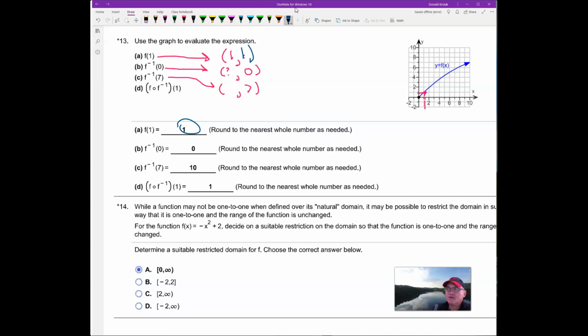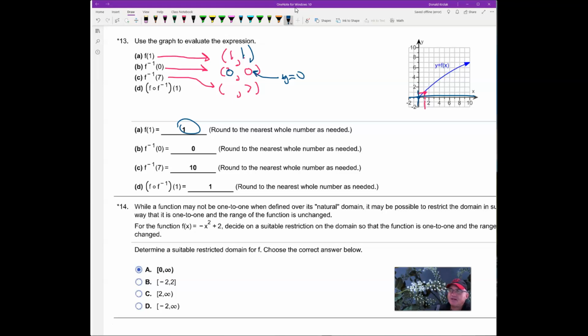Okay, the next one is when y is equal to 0. All right, so when y is equal to 0, that would be a horizontal line at y equals 0, which is just the x-axis. Then what's the x-coordinate where the graph touches that? And the x-coordinate is also 0.